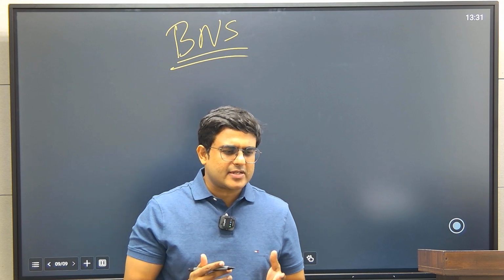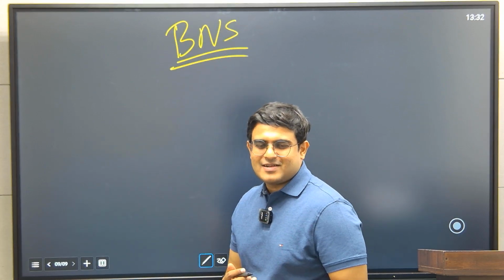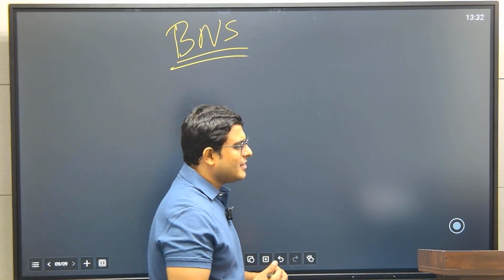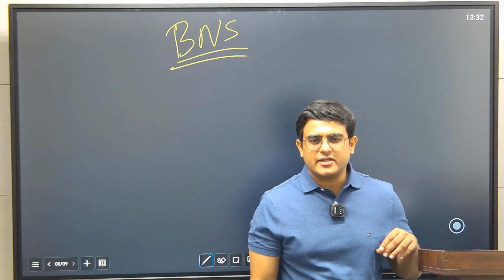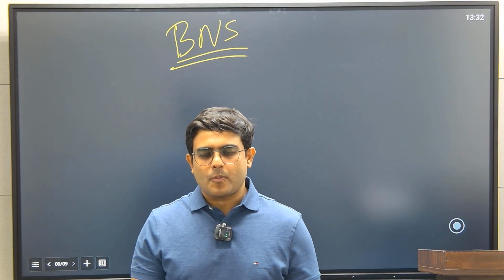We are discussing it because the one-year anniversary of BNS was there, and our Home Minister Amit Shah made a statement that BNS is the most radical reform since independence till now.